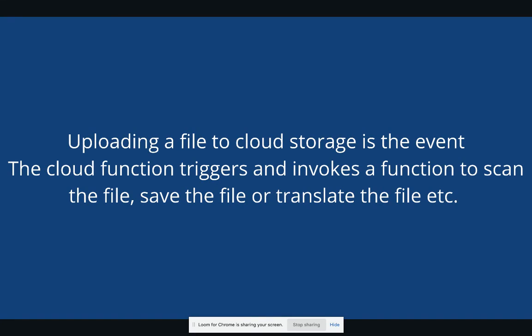This means that the event was you uploading the file. The function is triggered and you invoke a function. The function itself, which you have declared, says to scan the file, save it, or maybe even translate it. This means that all of this will be done in response to the event. And all of this can be specified in your Cloud Function when you're setting it up.